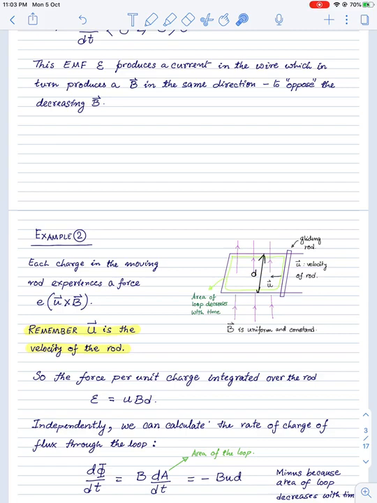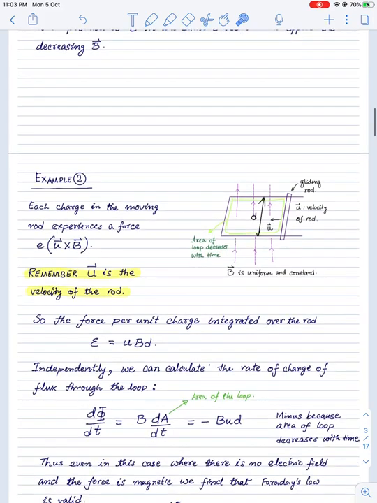But here the change in magnetic flux is caused by the change in area of the loop, and because that is changing, there is a force per unit charge on the charges present in the conducting wire, and this force is a magnetic force. Because this force is a magnetic force, it can actually push the charge carriers and give rise to a current.